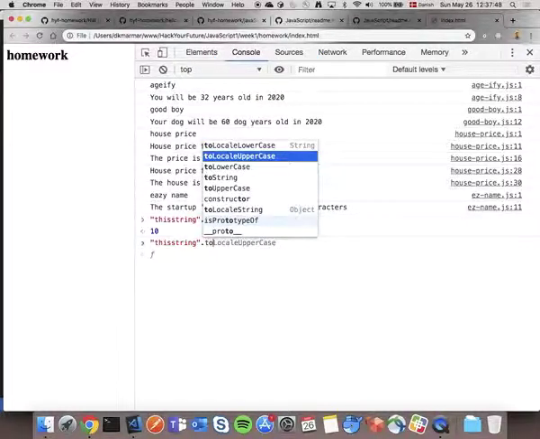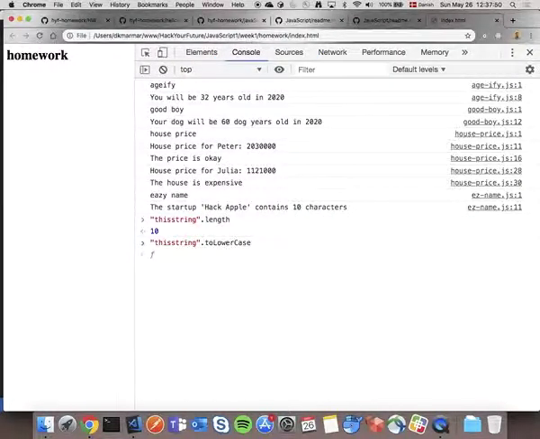But then, for instance, there is toLowerCase, and now I'm going to explain what this is, because this one is the opposite. So when you have a string, like something written like this, if you call toUpperCase, it converts every single character into uppercase, so it's caps lock now, so you don't have to write uppercase text if you don't want to.